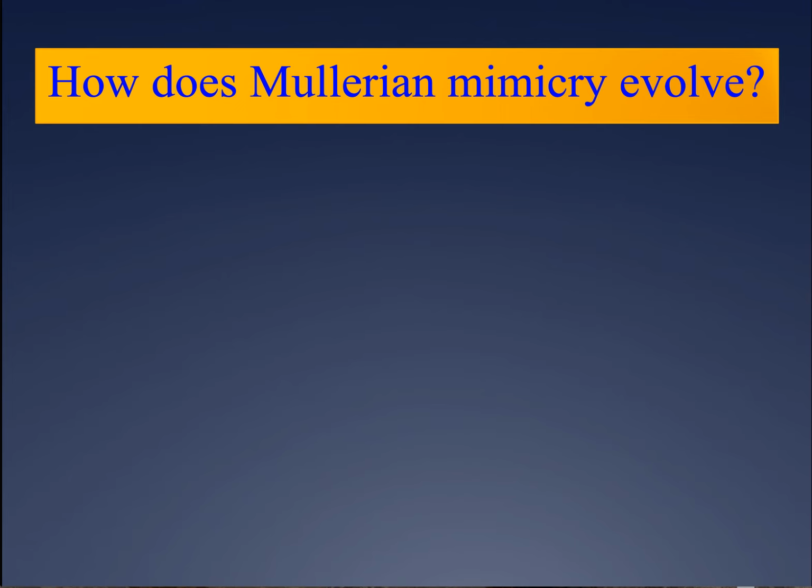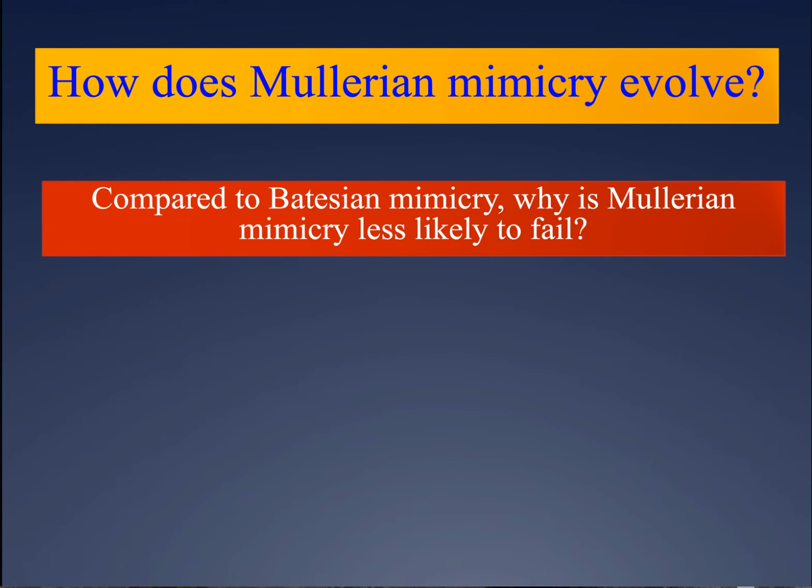Now, members of another species could lose their lives teaching a predator to avoid that pattern. And here, in another species, nobody has to die and they still benefit. So with Mullerian mimicry, certainly when it comes to wasps and bees and other things that are black and yellow, we really learn to avoid that. So that's why Mullerian mimicry is less likely to fail.